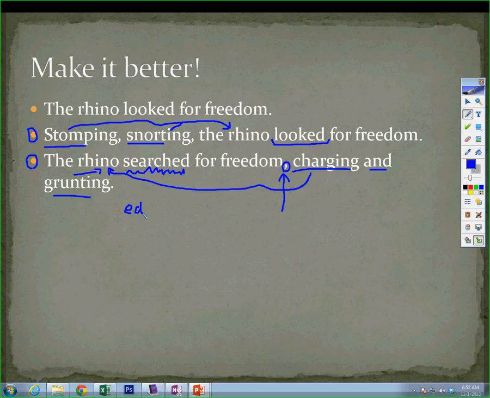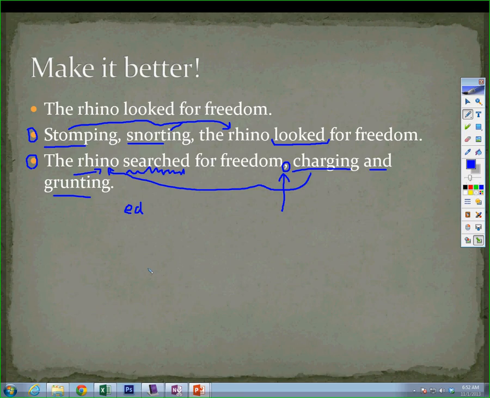Be aware that you can also use ed to create participles. Those are called past participles. For example, disgusted.